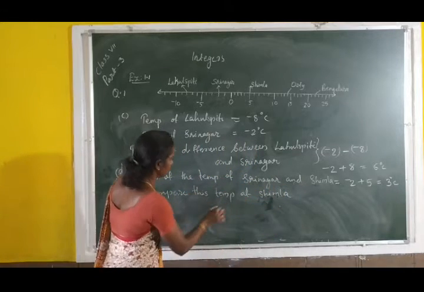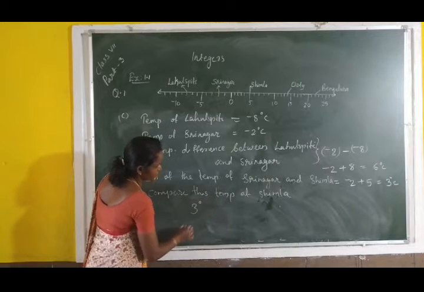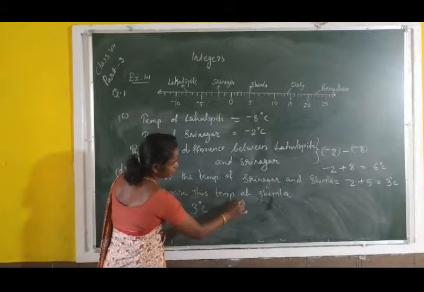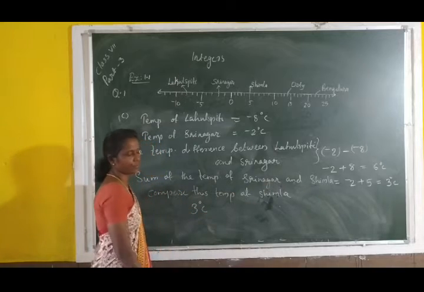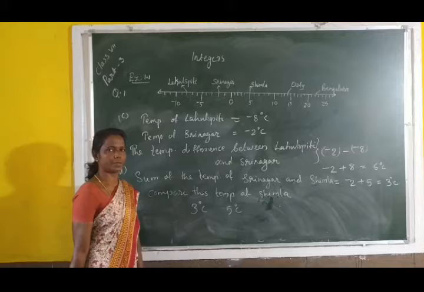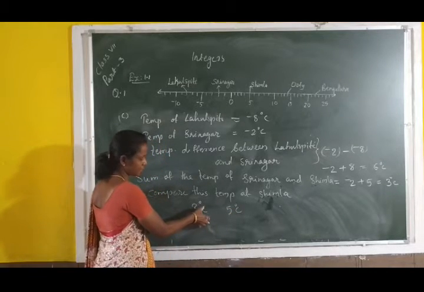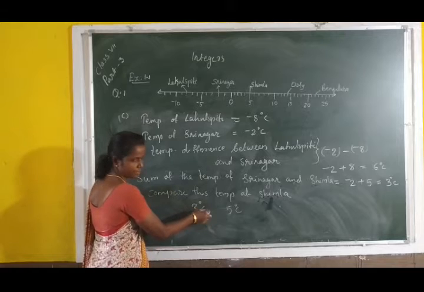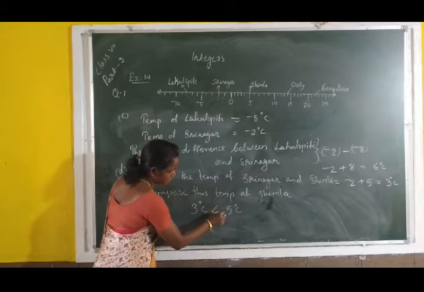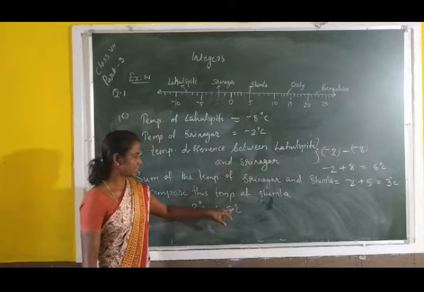Look at this: 3 degrees Celsius, and Shimla how many degrees? 5 degrees Celsius. Then which is bigger here? Shimla is bigger, and less is this 3 degrees Celsius. So we can write: this 3 degrees Celsius is less than 5 degrees Celsius.